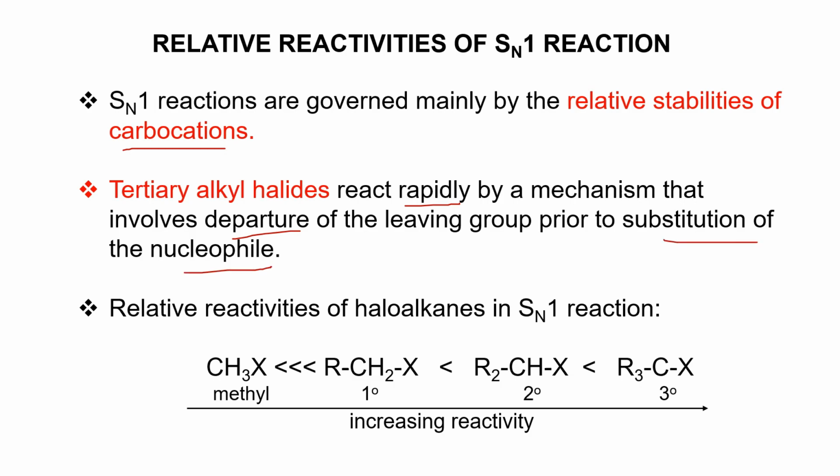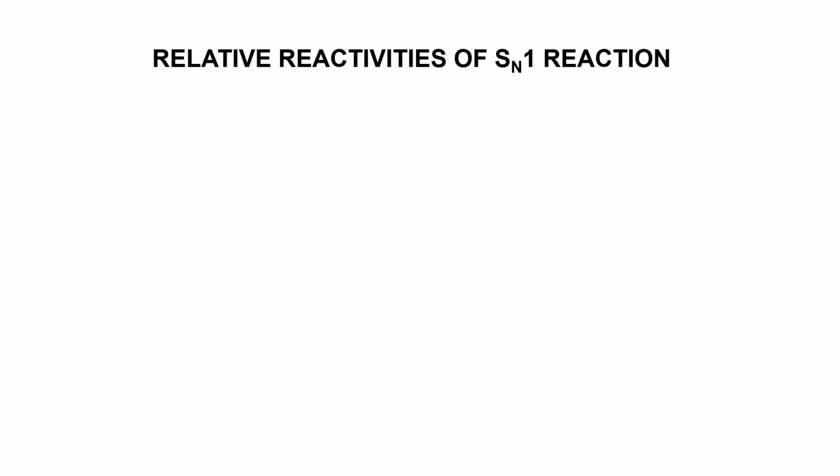Relative reactivities of haloalkanes in SN1 reaction: methyl is the least reactive haloalkane compared to primary, compared to secondary, compared to tertiary haloalkane, meaning that tertiary haloalkane is the most reactive haloalkane in SN1 reaction.